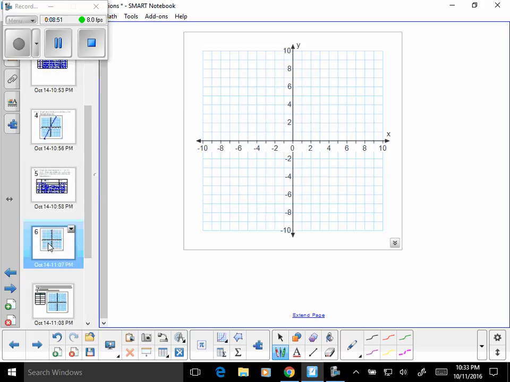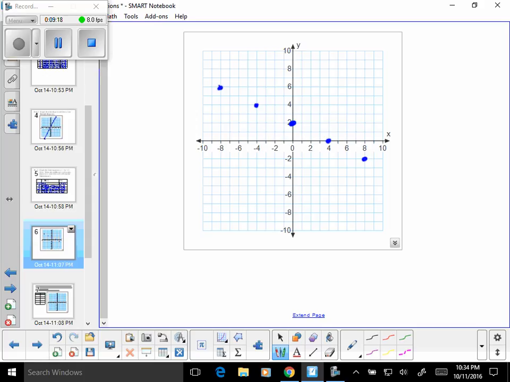Now I'm going to graph those points. 0, 2 is my y-intercept. That's where it intercepts the y-axis. I had 4, 0, and I had 8, negative 2. I also have negative 4, 4, and I have negative 8, 6.